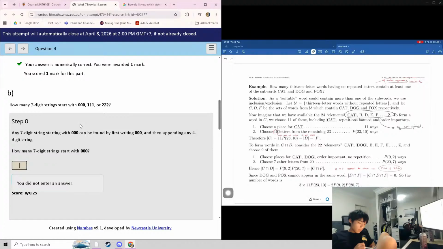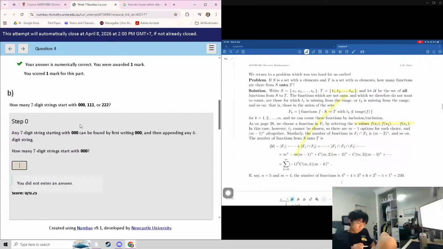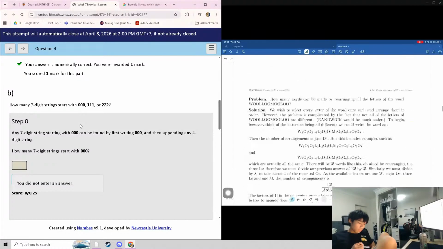Here, imagine we have the 4 available elements. No.